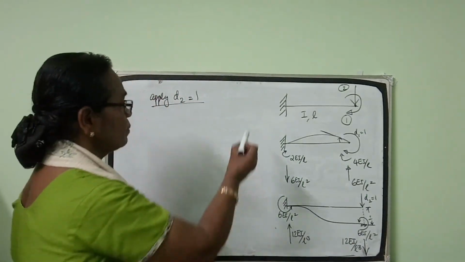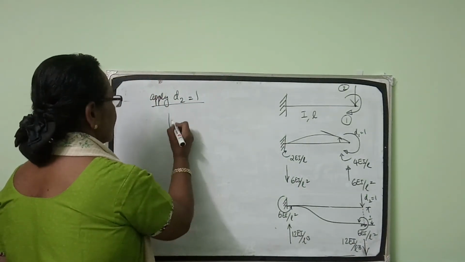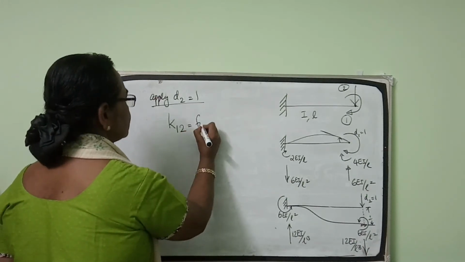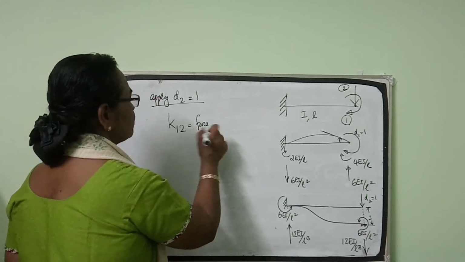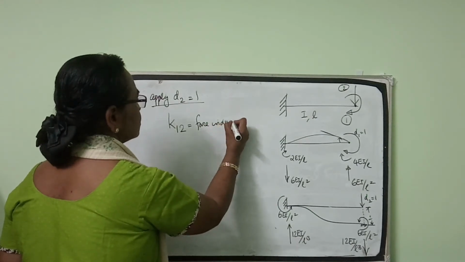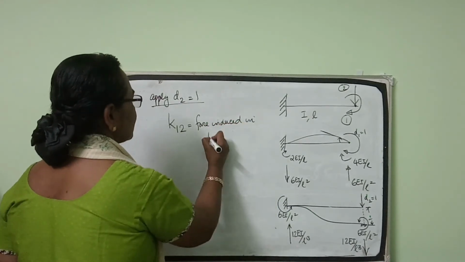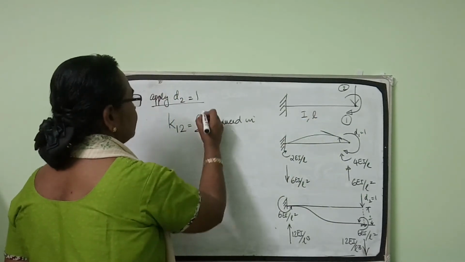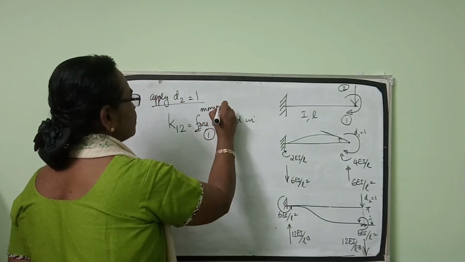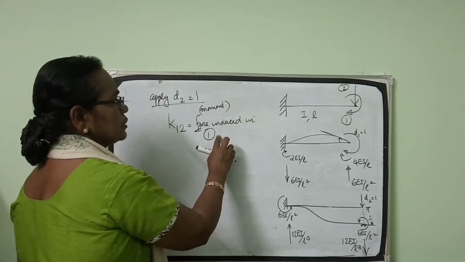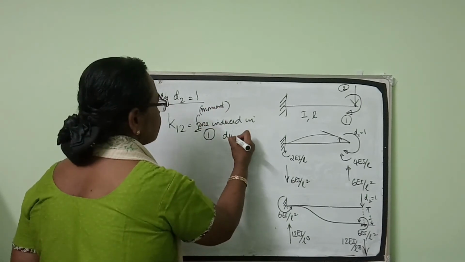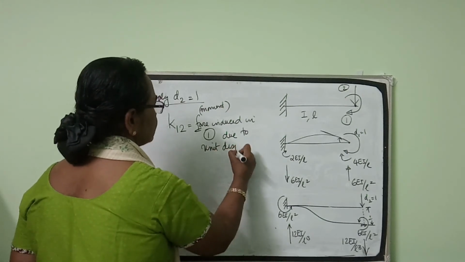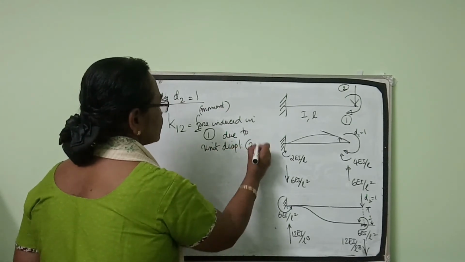Now coming to the definition, K12 means force induced in coordinate direction 1. So that means a moment. So what is the moment? Moment induced in direction 1 due to unit displacement in direction 2.